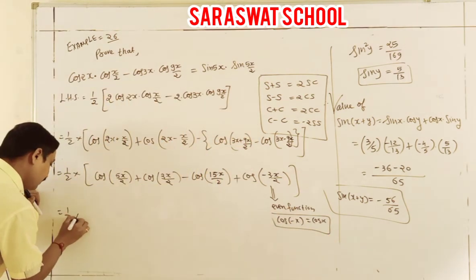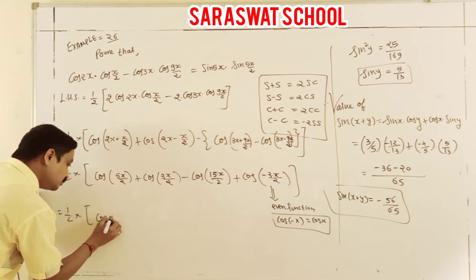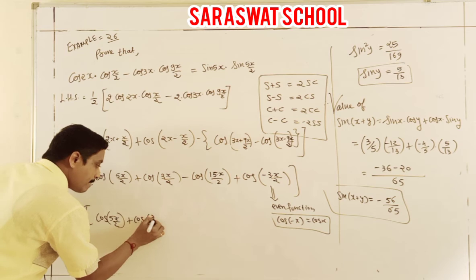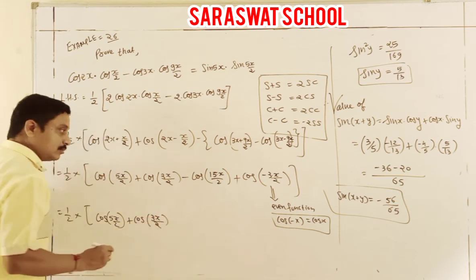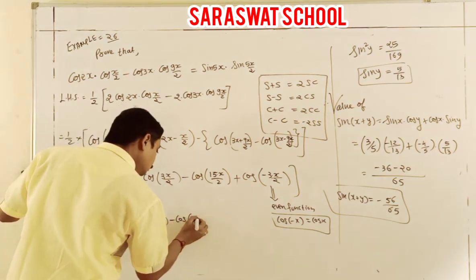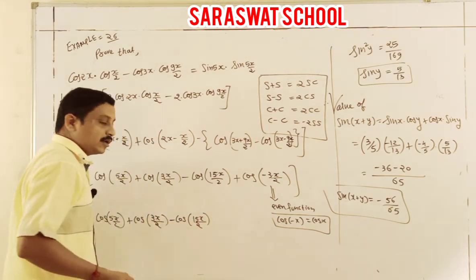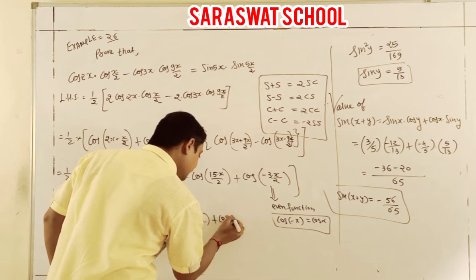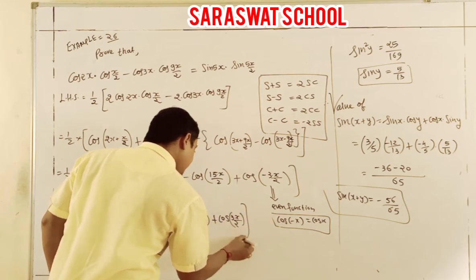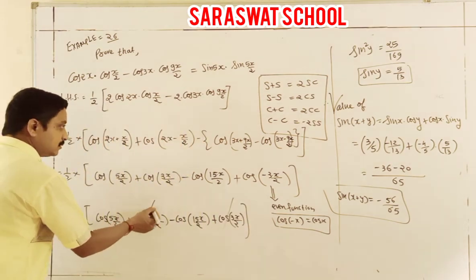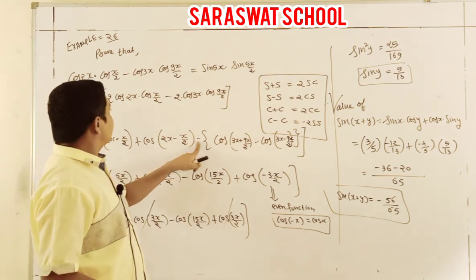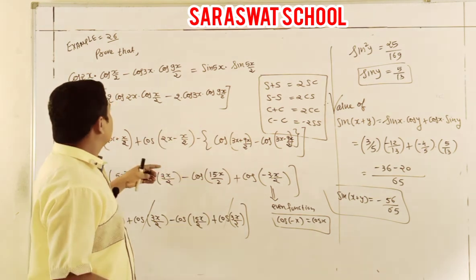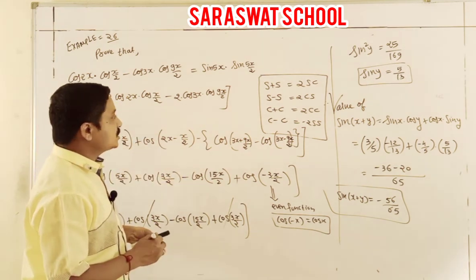So half cos 15x by 2, continue, plus cos 3x by 2 minus 15x by 2, and this minus, but already it is plus, so cos 3x by 2. Now students, you check, this and that cancel. I think my mistake is here: 2cc minus 2ss, and here also 2ss, 2cc, c plus c.